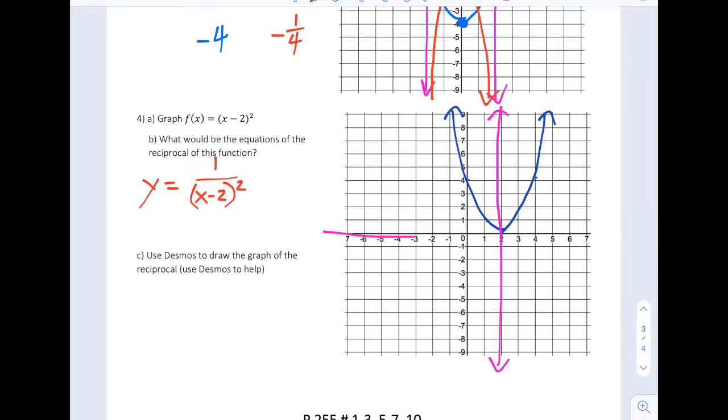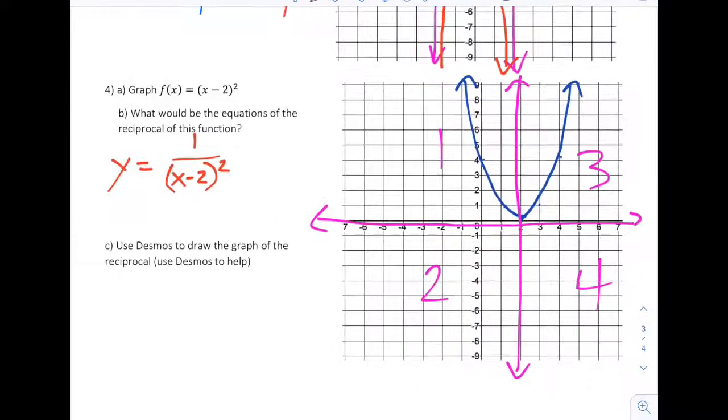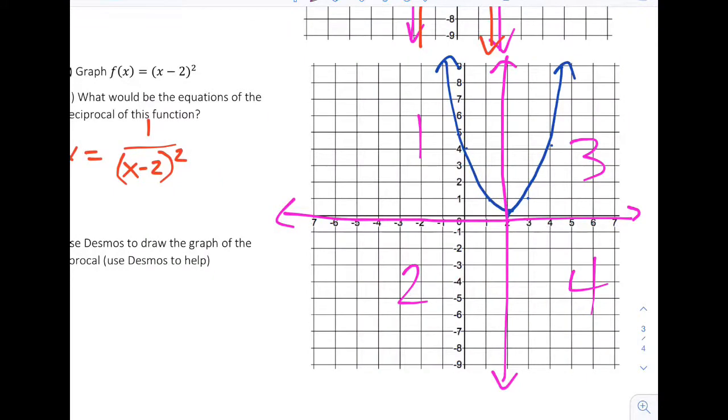We have a horizontal asymptote at 0 for all reciprocals. So in this case, we only have 4 sections. We have 1, 2, 3, and 4. And if I look at this graph, nothing's happening in 2 and 4, so I know those ones aren't going to be used. Our reciprocal is going to be in number 1 and number 3.